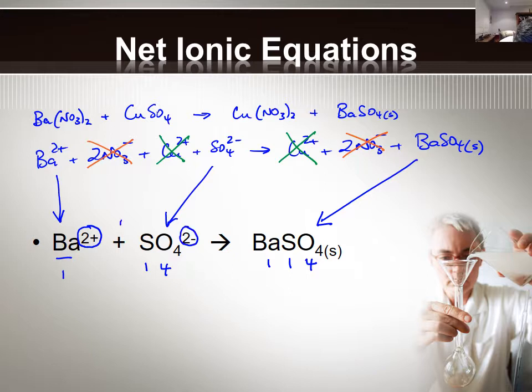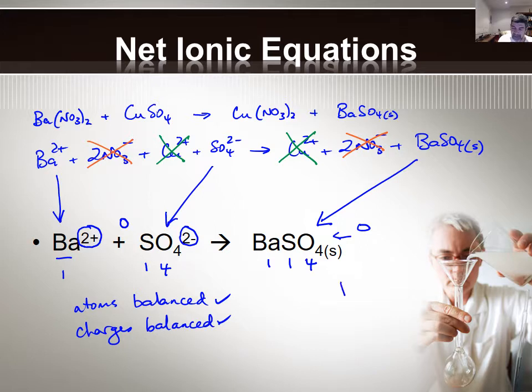So overall, we have 0 charge on the left-hand side, on the reactant side, and the solid is not charged. So it also has a 0 charge. And so therefore, the atoms are balanced, and the charges are balanced.